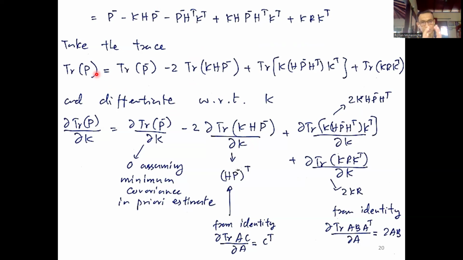Now we want to minimize it. Minimization needs an independent variable. You can minimize a function by changing another variable. So here, what is that variable or parameter that we can use for this minimization? Of course, it is the Kalman gain. So we want to find out, with respect to the Kalman gain, what is the minimum variance?